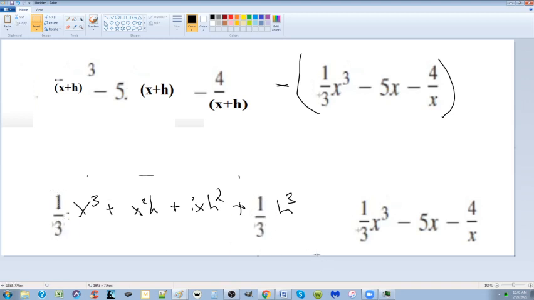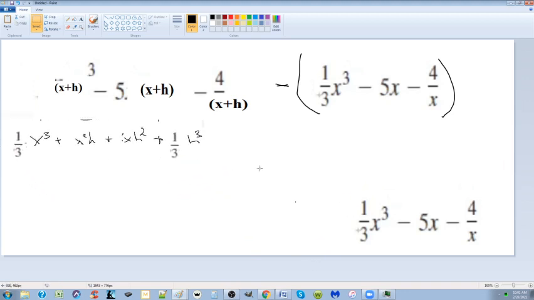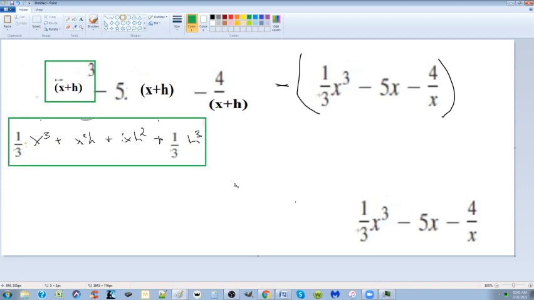Okay, so that's going to be my whole left side. I'm just going to make it there. And maybe I'll color code it. This is that. And then you've got to distribute this. So you get minus 5h.